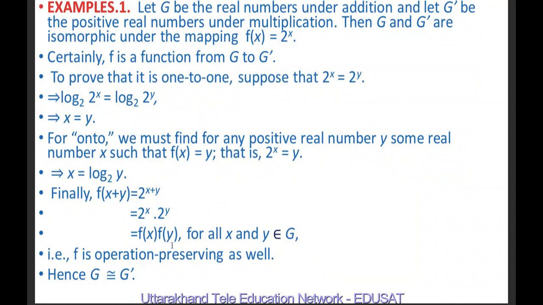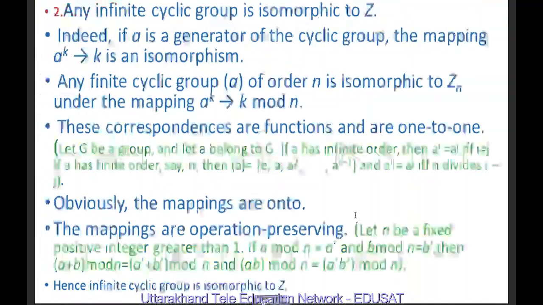So f(x plus y) equals f(x) into f(y) for all x and y belonging to G. It means f is operation preserving. Hence G is isomorphic to G dash because the function is well defined, the function is 1-1 and onto, and f preserves the operation.